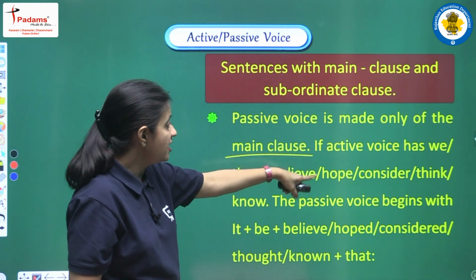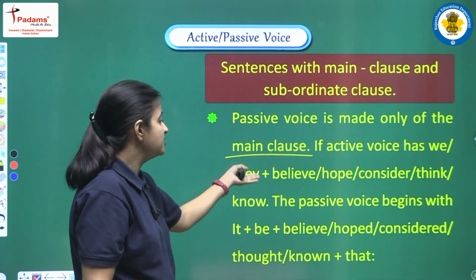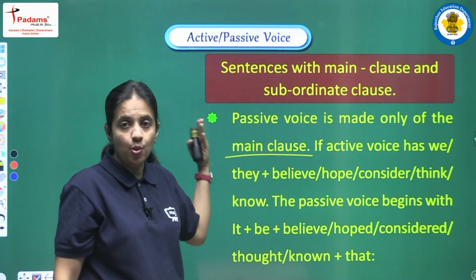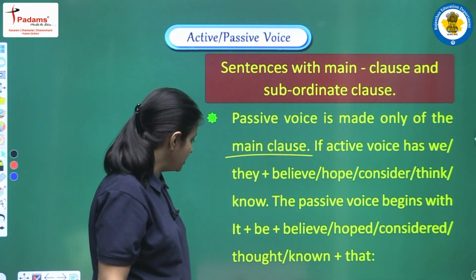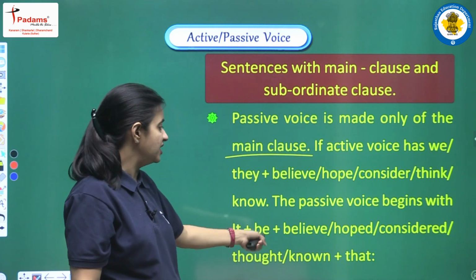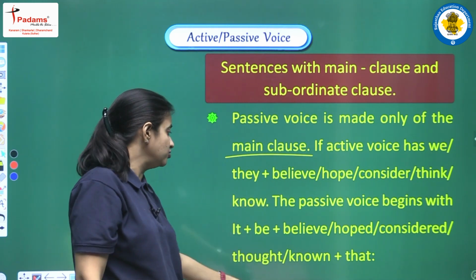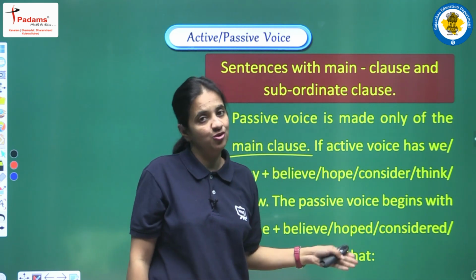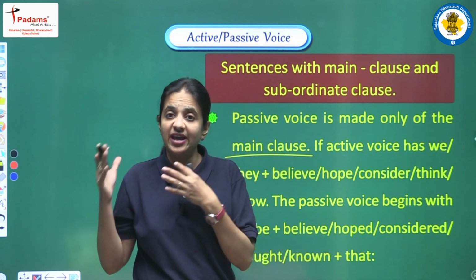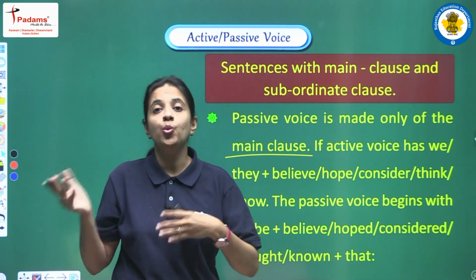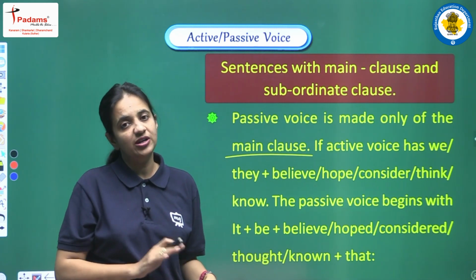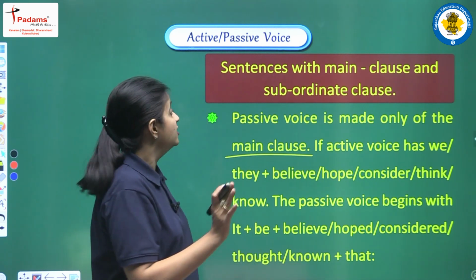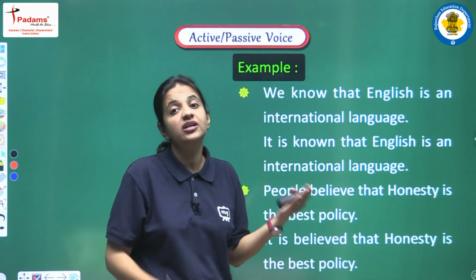If active voice has we, they plus believe, hope, consider, think, know, these are some of the words, then the passive voice begins with it plus be plus believed, hoped, considered, thought, known or that. So this is the structure that we have to follow, and just learn जो main clause है sentence का, that will be converted in the passive voice only, और जो subordinate clause है उसे हम convert नहीं करेंगे. So let's see some examples to clear this thing.